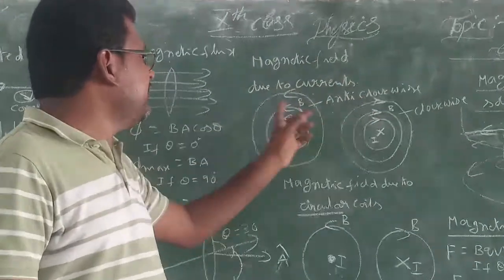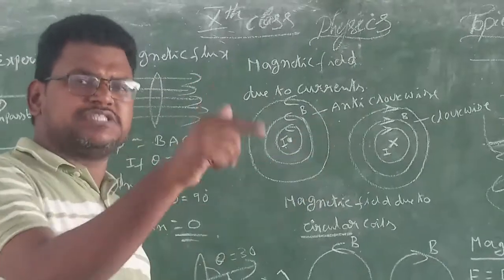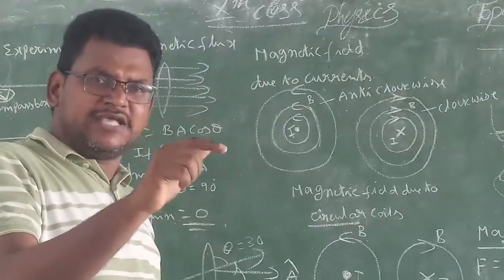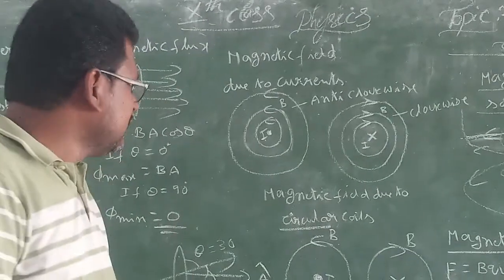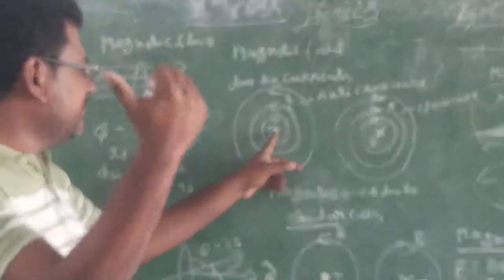Next, magnetic field lines due to straight current carrying wires. Straight current carrying wires produce a magnetic field, and the magnetic field lines are in the form of concentric circles around it. Now let's see here, the current is flowing out of the plane.